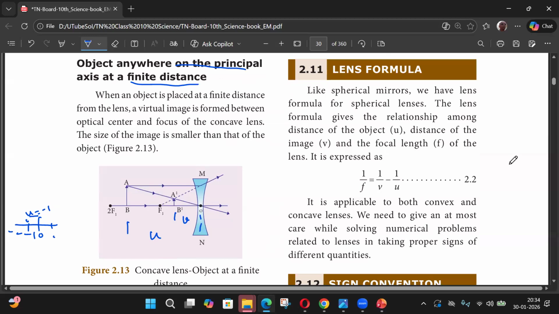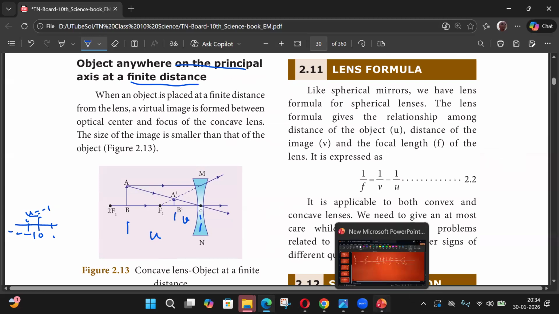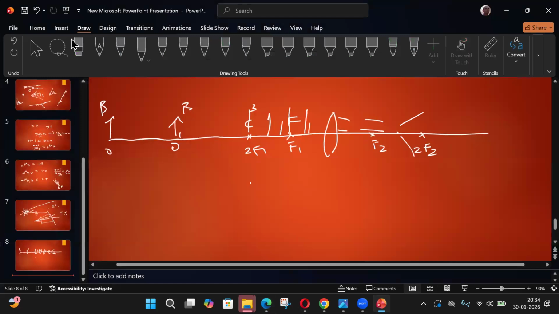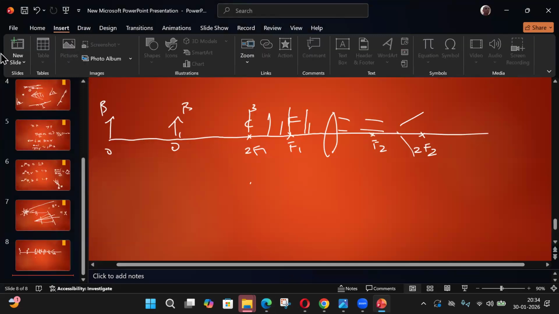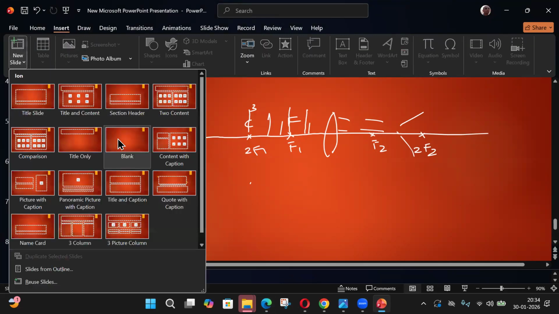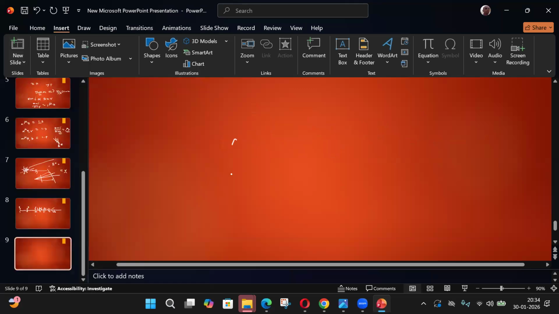1 by u plus 1 by v. To remember this formula, the general easy case is the convex lens. So the object is somewhere here. The image will be inverted and like this, right?